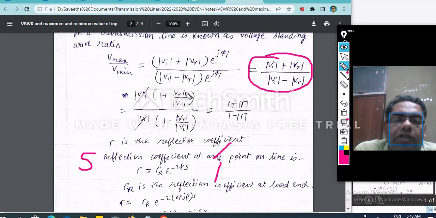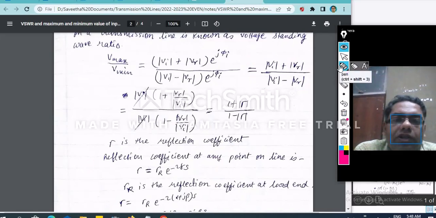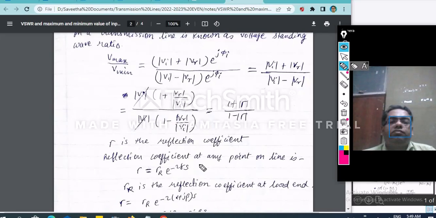This ratio, magnitude of reflected by incident, is the reflection coefficient. Now the reflection coefficient, whether it is at the load end or any other point of the line, can be understood from here. You see, the reflection coefficient at any point of the line, this we have already seen before: gamma equals gamma L e to the power minus twice gamma S. Like this we will get.